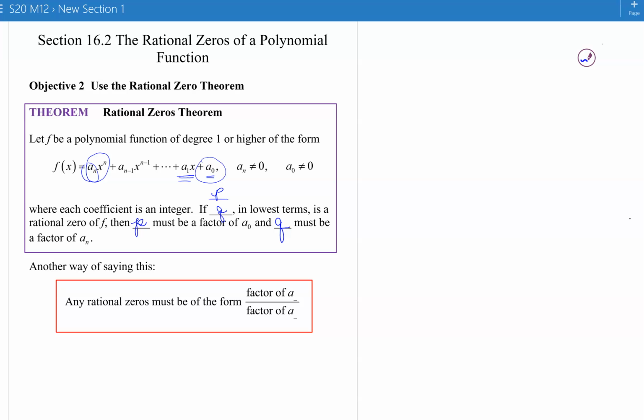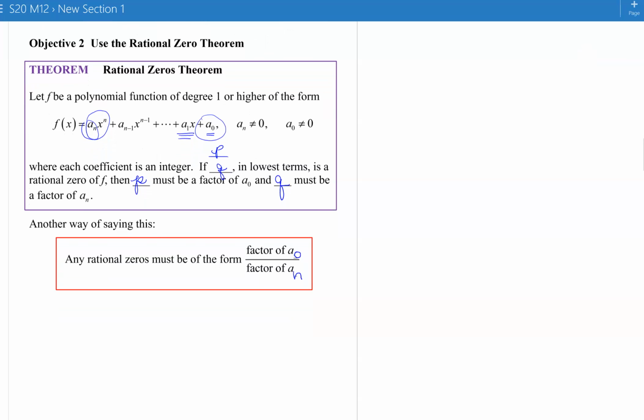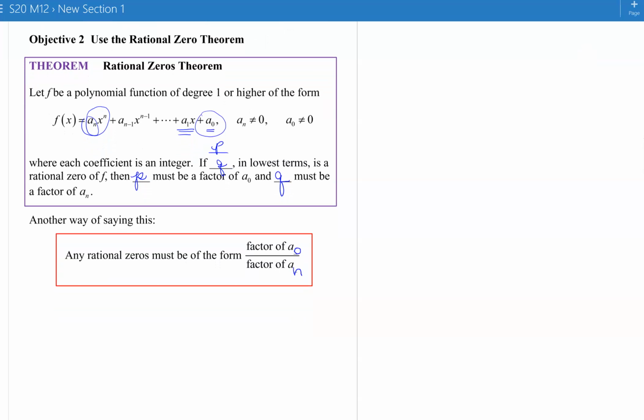So if there exist rational zeros, they must be in the form a factor of a sub 0 over a factor of a sub n. So that's if rational zeros exist.